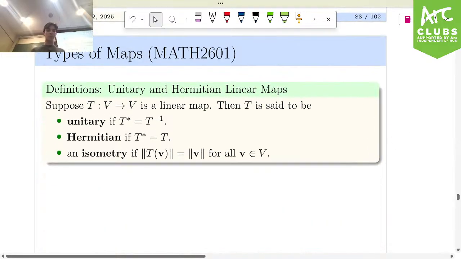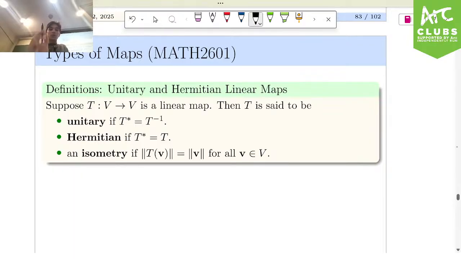Okay, now types of maps. We've already touched on this a little bit when we talked about orthogonal matrices and their properties. Here, we generalize that to linear maps in general. We have these new concepts of unitary and Hermitian linear maps. A unitary map is a map for which its adjoint is equal to its inverse.